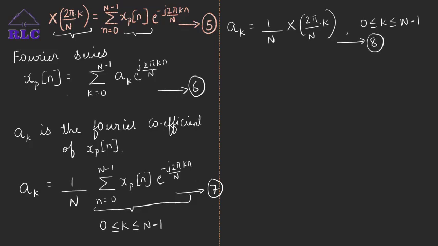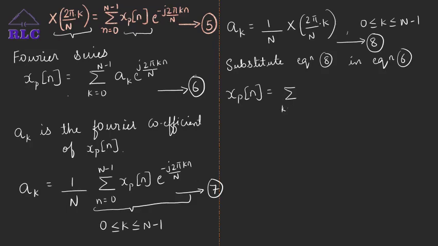Substitute equation number 8 in equation number 6. Substituting equation number 8 in equation 6, we get xp of n is equal to summation k is equal to 0 to N minus 1.